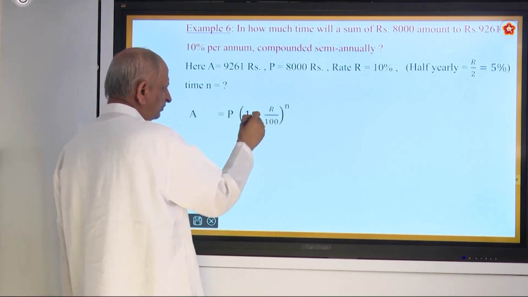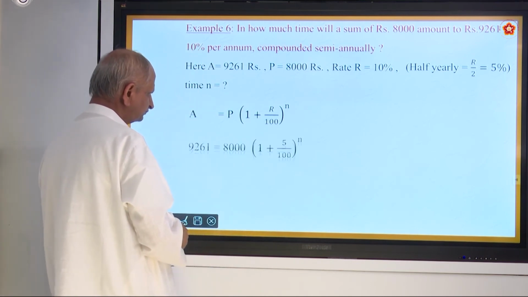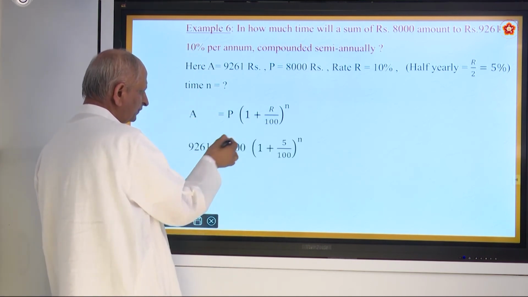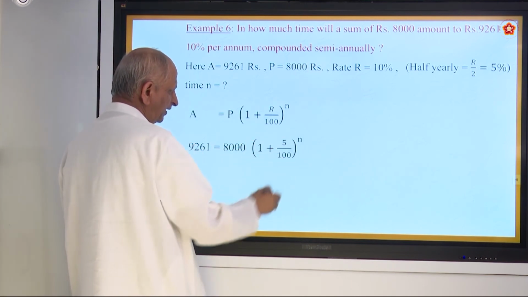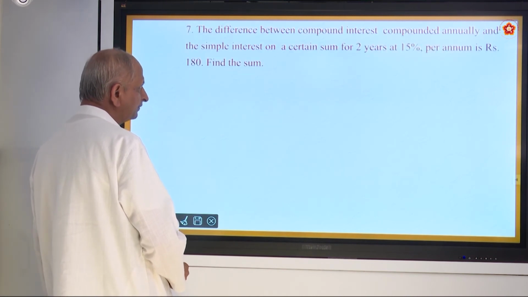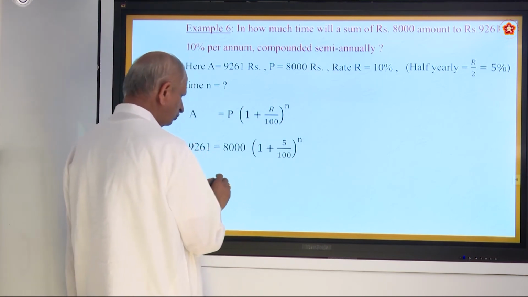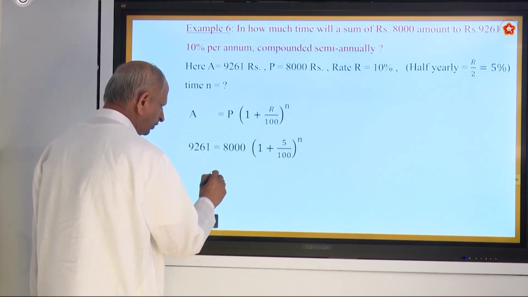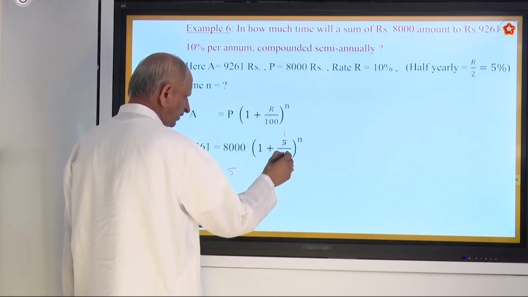A is equal to P into (1 plus R by 100)^n. So 9261 is equal to 8000 into (1 plus 5 by 100)^n. Now you have to find out n. So what shall you do? Now you have to find out n. So this can simplify, 1 za, 20 za.